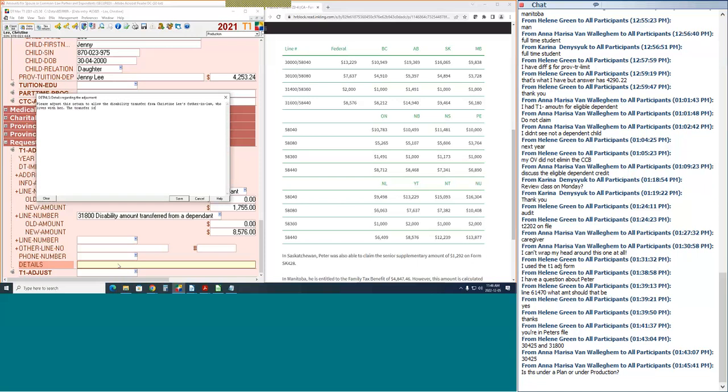The transfer is on file with the CRA. And I would say statement attached. Please also allow the line 30450 claim.